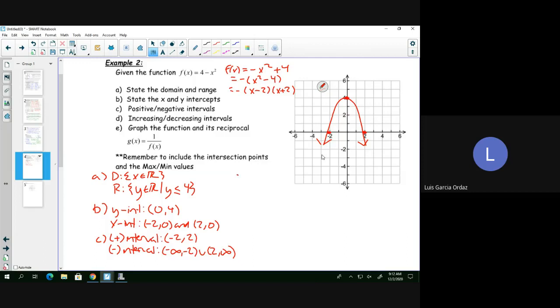Again, we're not doing anything hard here. We're just looking at the graph. And where is the graph increasing? Where's our interval of increase? Negative infinity to 4. Well, negative infinity to what? Not 4. We're looking at the x values. Oh, 0.